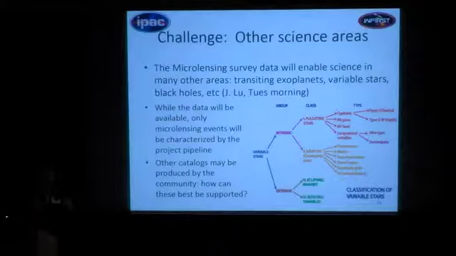And so, one of my concerns as a member of the science community is how do we figure out how to do this within the rules of how we're allowed to spend our resources that actually let the community do as much other science as possible from the catalogs and the data products that are produced. And how do we support them in a way that is allowed without sort of appearing to do non-microlensing work.